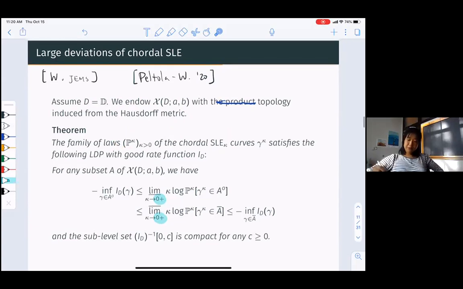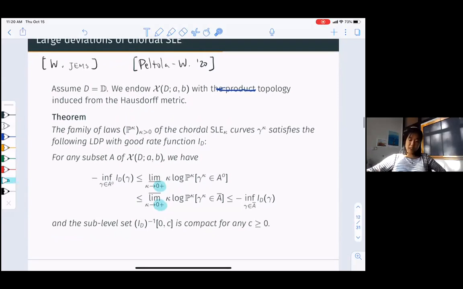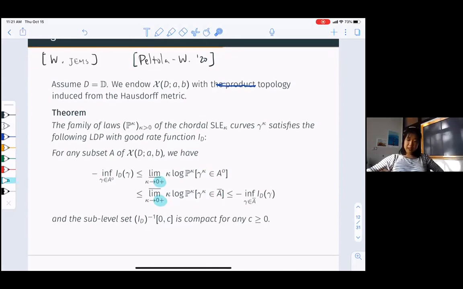satisfies an LDP with good rate function, the Loewner energy, which means that if you take any subset A of the space of simple chords, the lim inf of kappa times the log of the probability of SLE belonging to the interior of A, when kappa goes to 0, is bounded from below by minus the infimum of this rate function over all the elements inside the interior of A. And this inequality is a trivial one.